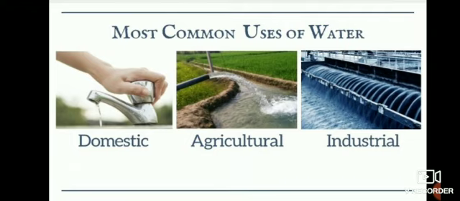Now, let's see what are the most common uses of water. Water is used for domestic purposes like drinking, brushing, washing clothes, flushing toilets, etc. And we can also use water for agricultural purposes like growing crops, aquaculture, and for rearing livestock.